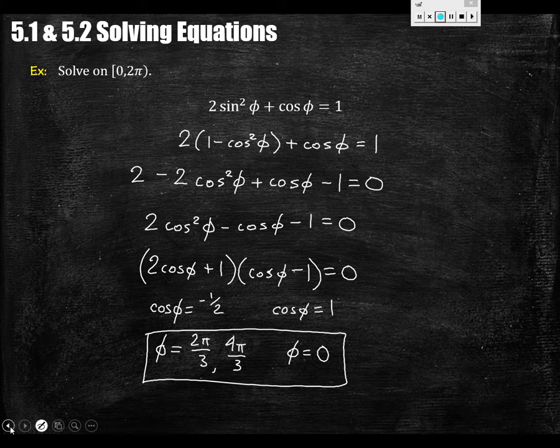I was thinking if we'd done one like this in class, we could have helped you out on homework. But oh, it's all good. Yeah. 5 pi over 3 has a cosine of positive a half. 5 pi over 3 is in the fourth quadrant, positive a half. Yeah, and we're only solving on this interval, so those are the 3 and only 3 solutions.